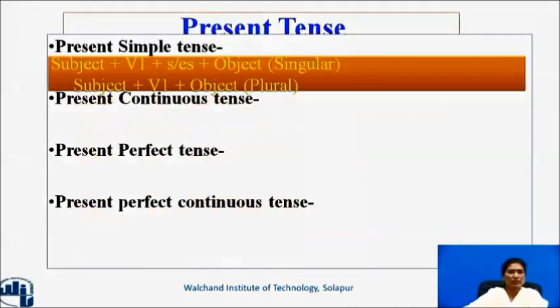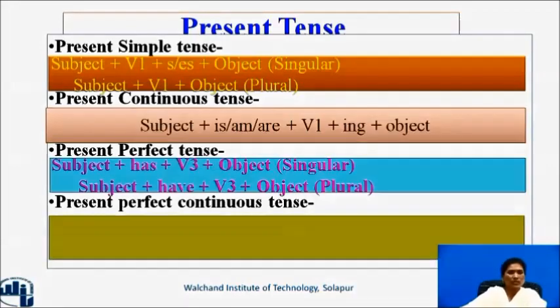In the present simple tense, the structure is subject plus verb with s or es plus object. Subject plus verb first form plus object, in the case of plural. In the present continuous tense, subject plus am, is, are plus the ing form of the verb plus object.